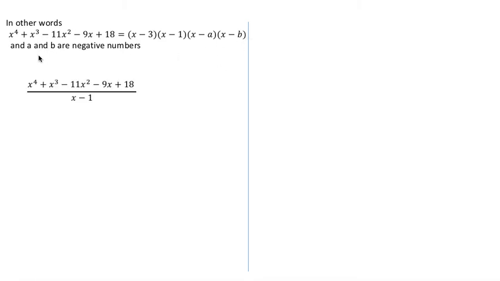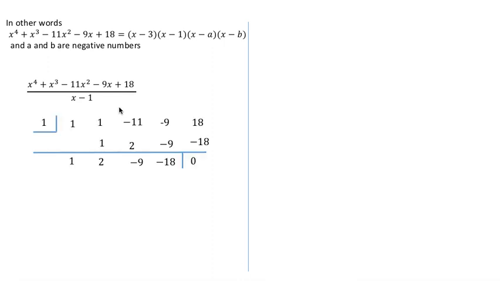What'll help me is if I take my original function and divide by x minus 1. I'm going to use synthetic division here. And now I've got a new polynomial here. That's my remainder 0, so there's my new polynomial. I'm going to divide that. Sorry, I'm going a bit fast.